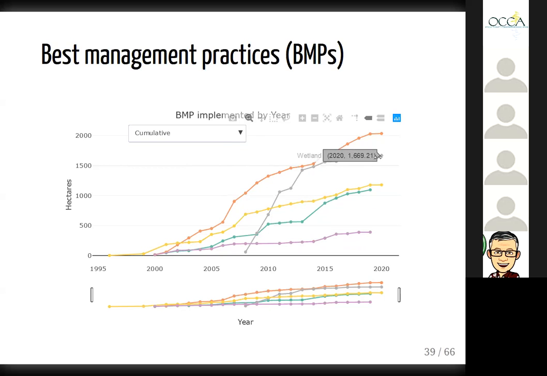Just to note, the 2020 data, I think Cassie informed me that these ones might still increase more after completing the reporting for the 2020 BMPs. So just to show the amount of BMPs that have been implemented throughout the whole subwatershed.